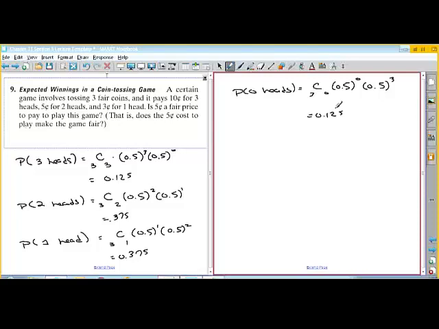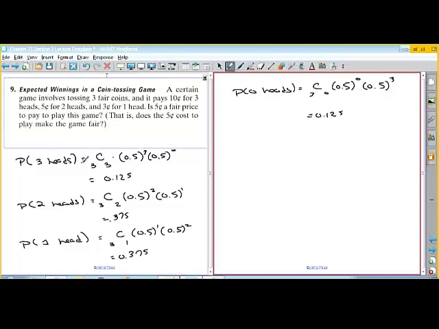So the only thing that changes is the first number. This second part is always 0.5 cubed, which is 0.125. So you get 0.125 times 1, 0.125 times 3, 0.125 times 3, 0.125 times 1. So that's how those numbers come about.